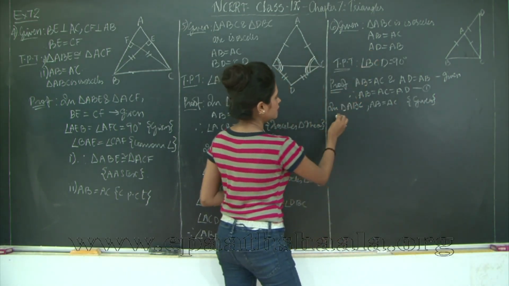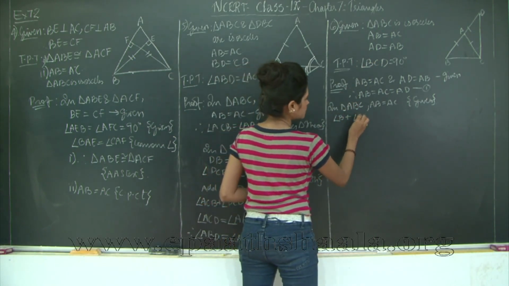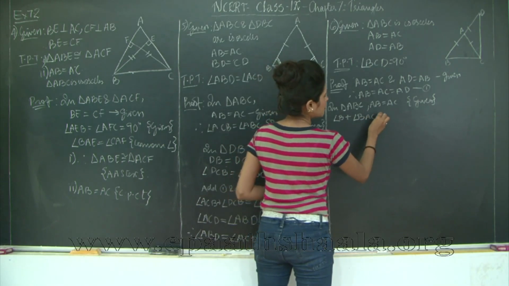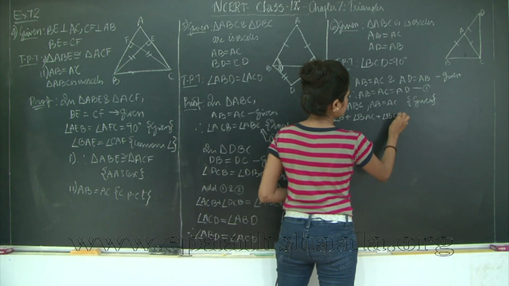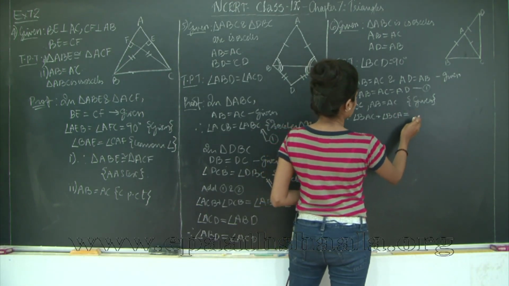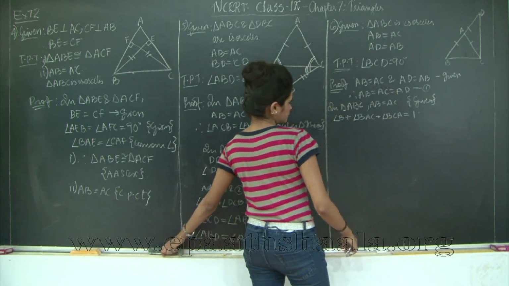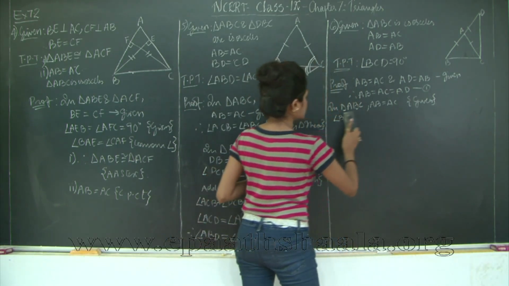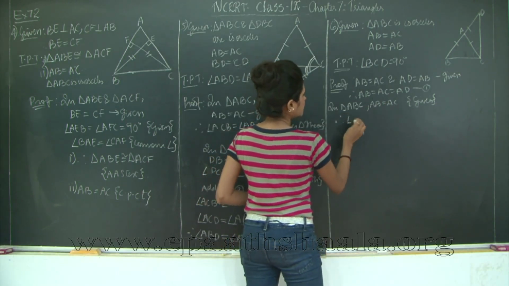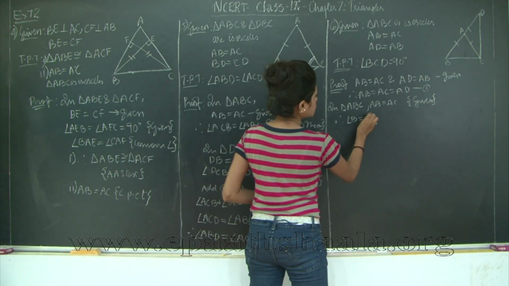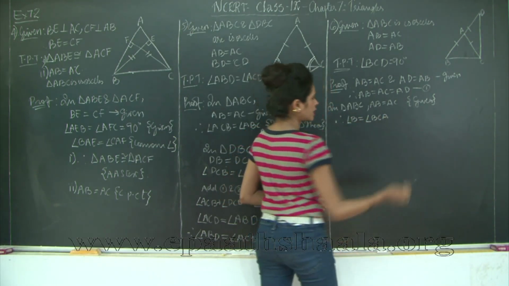I have angle B plus angle BAC plus angle BCA is equal to 180 degrees. First of all, these two are equal. AB is equal to AC. Therefore, angle B is equal to angle BCA by the isosceles triangle theorem.